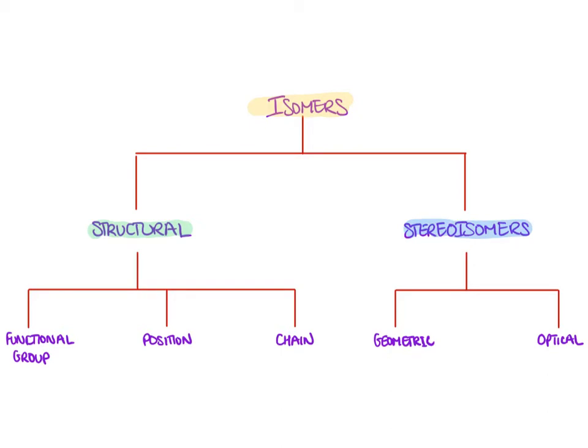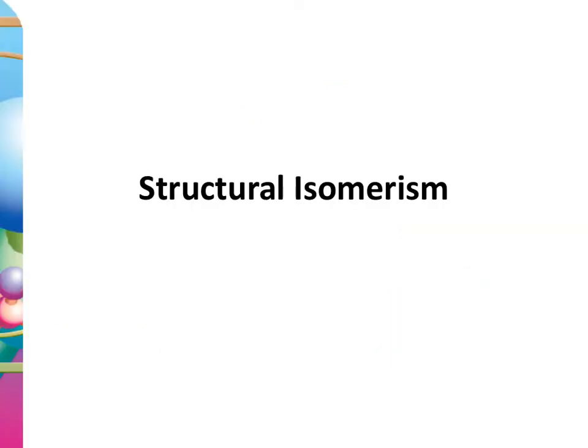And within the structural isomers, there are 3 types: the functional group isomer, a position isomer, and a chain isomer. And then in the stereoisomers, there are 2 types: geometric and optical. So we're going to look at all of those, except the optical stereoisomers, during the course of this video. So we're going to look first at structural isomerism.